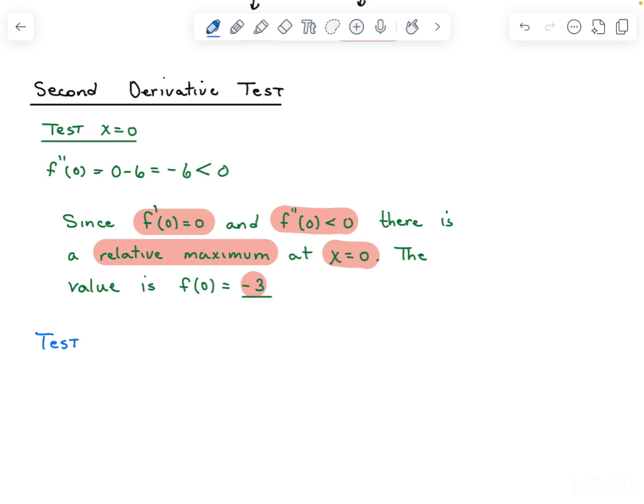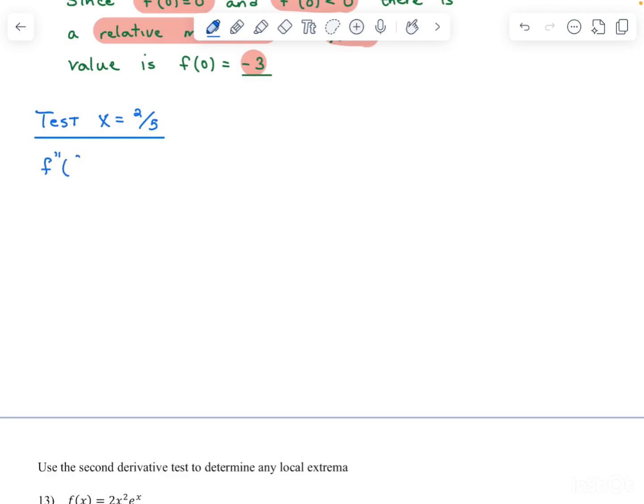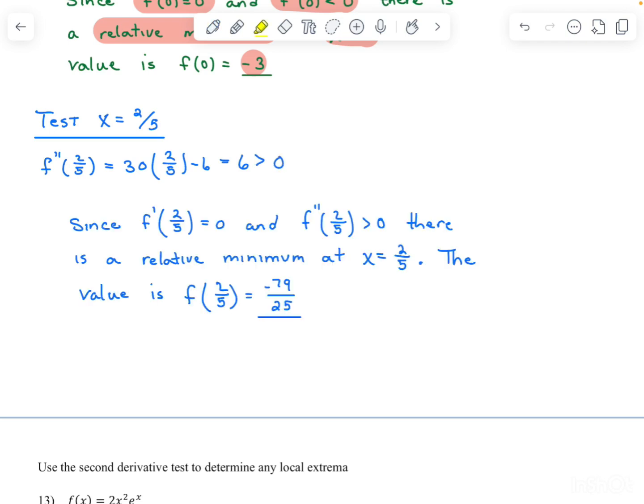Next, we will test x is equal to 2/5. If we evaluate the second derivative when x is equal to 2/5, that will equal 30 times 2/5 minus 6, which is equal to 6. This is clearly greater than 0. By the second derivative test, we can state the following.